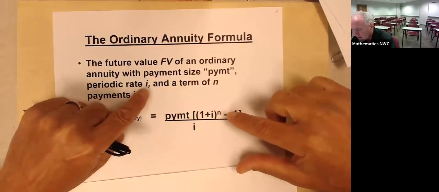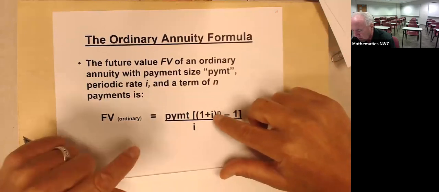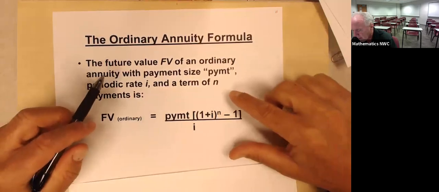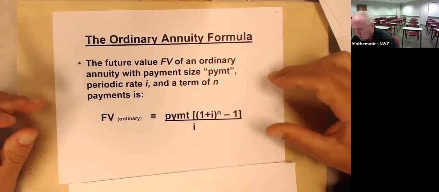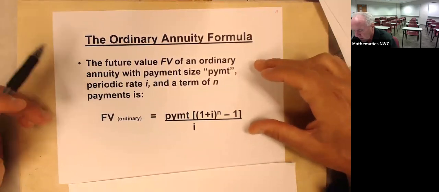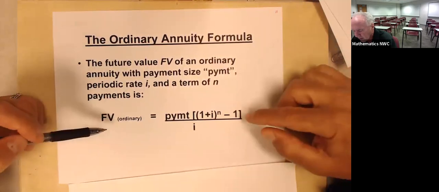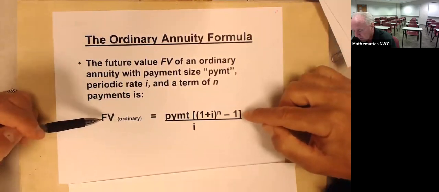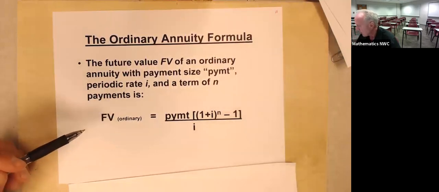The periodic rate is I. That's the same I that we've been working with. It's the interest rate divided by how many times it's compounded. And N is the exact same number we've been working with. So this formula is for our future value for an ordinary annuity. It's the most common one. If you need to pause to get that copied down, go ahead and do so.